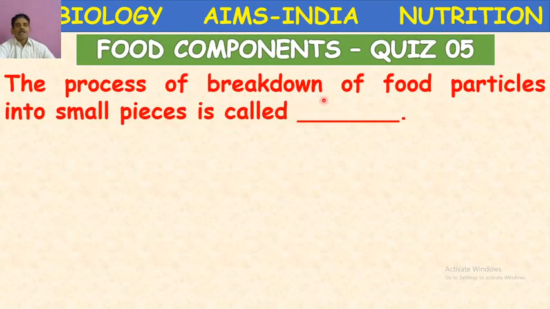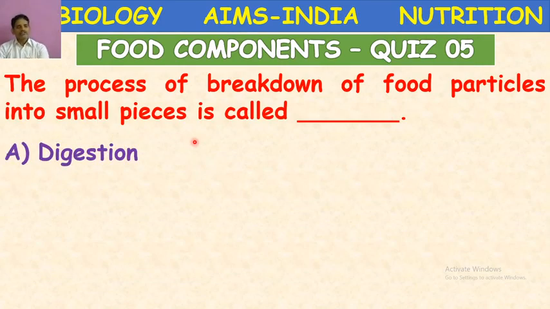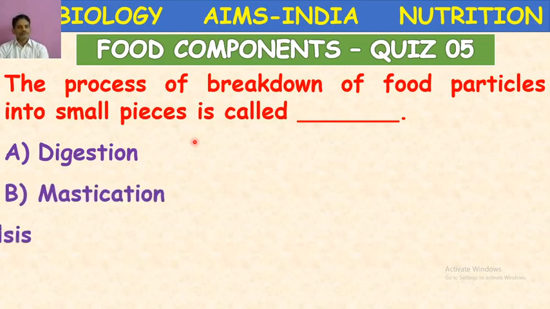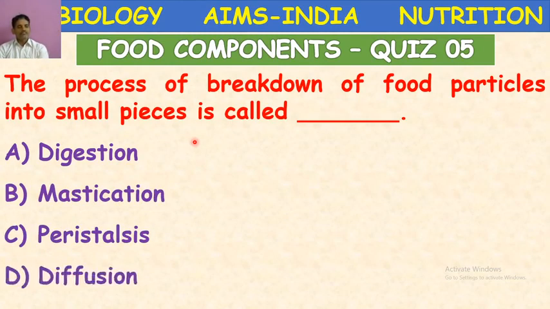The process of breakdown of food particles into small pieces is called digestion, mastication, peristalsis, diffusion. Among these two, digestion and mastication, you select the right option. The question says breaking down of food particles into small pieces, that's all.